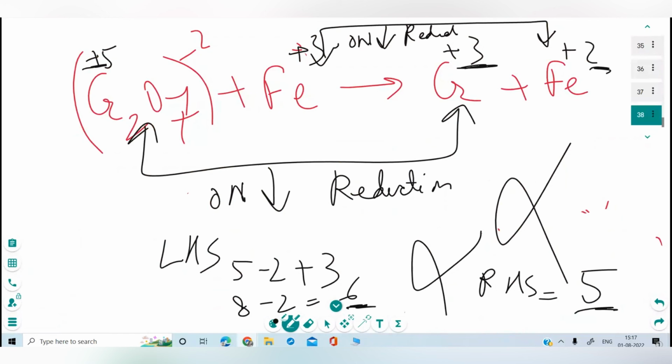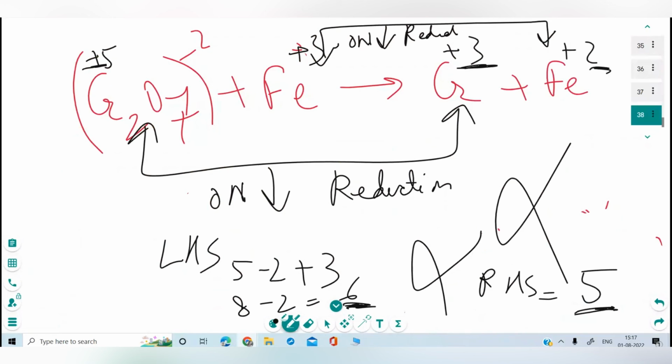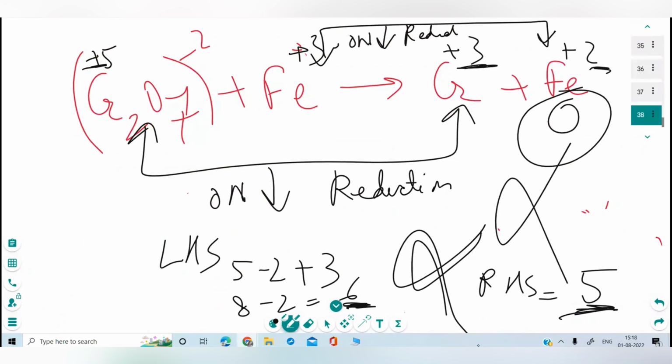The final charge should come equal on both sides. Here it is 6 and 5, no. The chemical reaction is not balanced. So these are the signs. Two things: 2 times reduction will not happen, and secondly, the LHS and RHS charges are not equal.